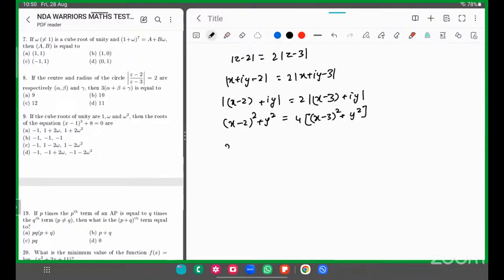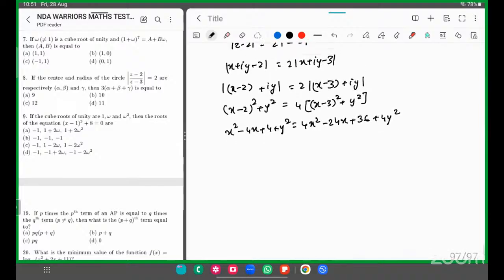So it is fine. Now expanding these values: x square minus 2 into 2, that is 4x, plus 2 square, 4, plus y square equals 4x square minus 6 into 4, that is 24x, 9 into 4, 36, plus 4y square.